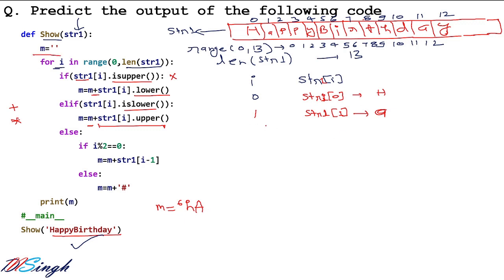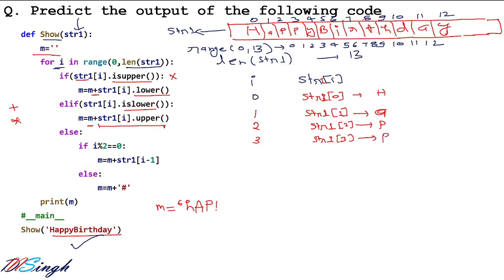So we have moved up to 2 characters. Next index is 2. So str1 of 2, what will happen? Str1 of 2 will have small p. Again it will go to the elif part and it will be converted into capital P. Then third, str1 of 3. So what will be in that? In that also you have small p.